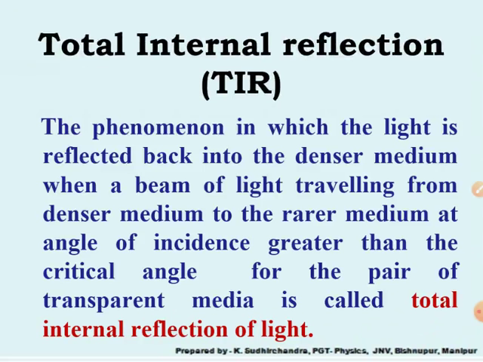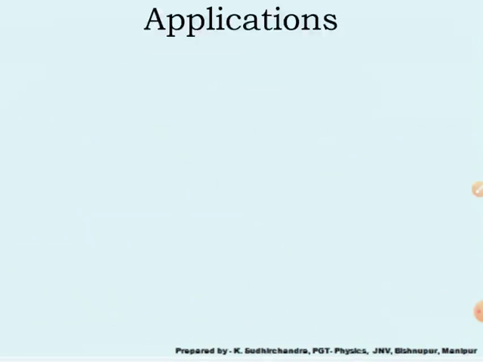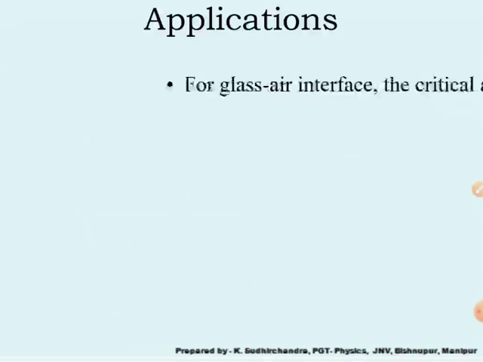While writing a definition, you need to put those conditions required for total internal reflection. It is a phenomenon of light in which light is reflected back into the denser medium when a beam of light traveling from the denser medium to the rarer medium at an angle greater than the critical angle for the pair of media is known as what? Total internal reflection, right?